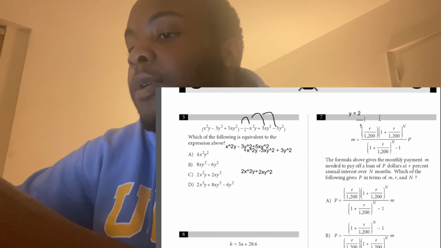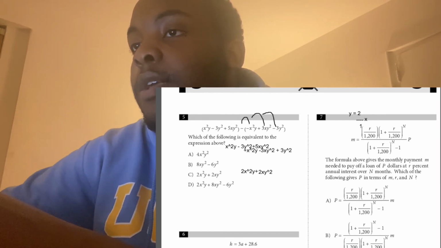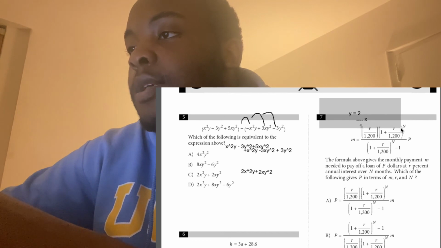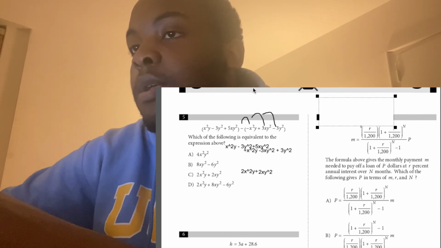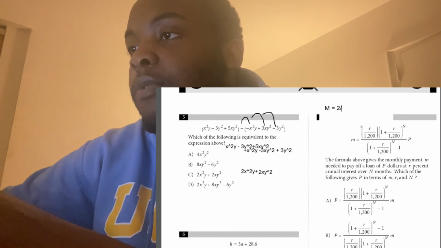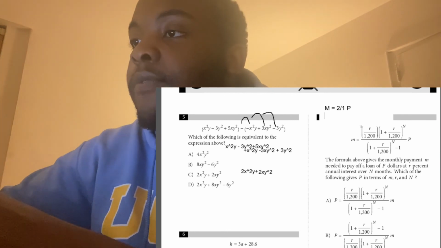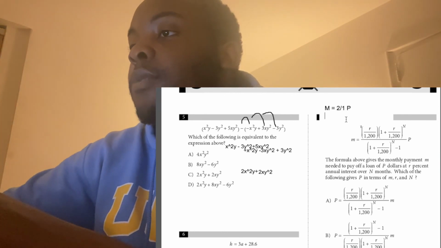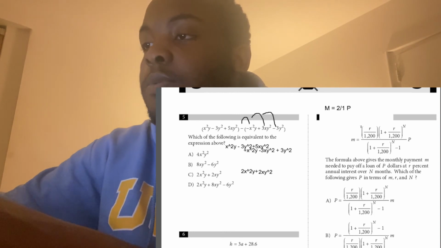Y equals 2 over 1 x, or we can even say y m equals 2 over 1 p, right? And you'd have to cancel out the 2 over 1. The only way to do it is to multiply by its reciprocal.